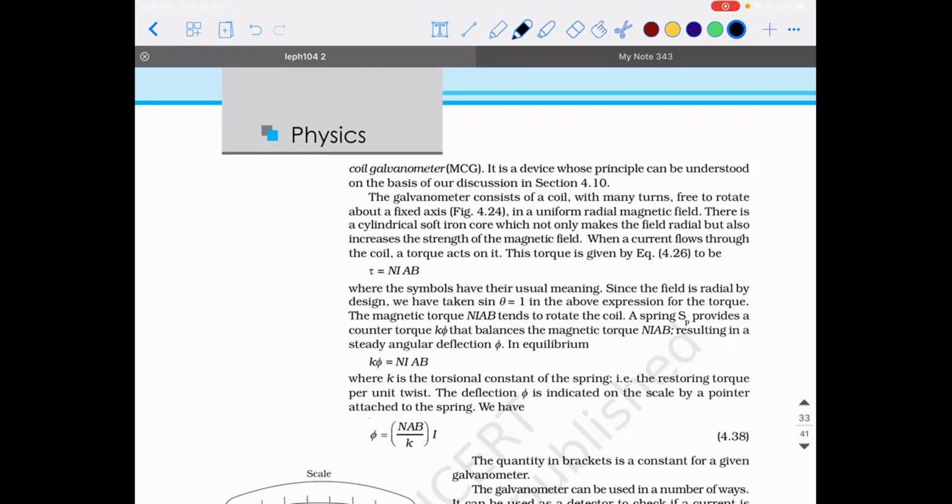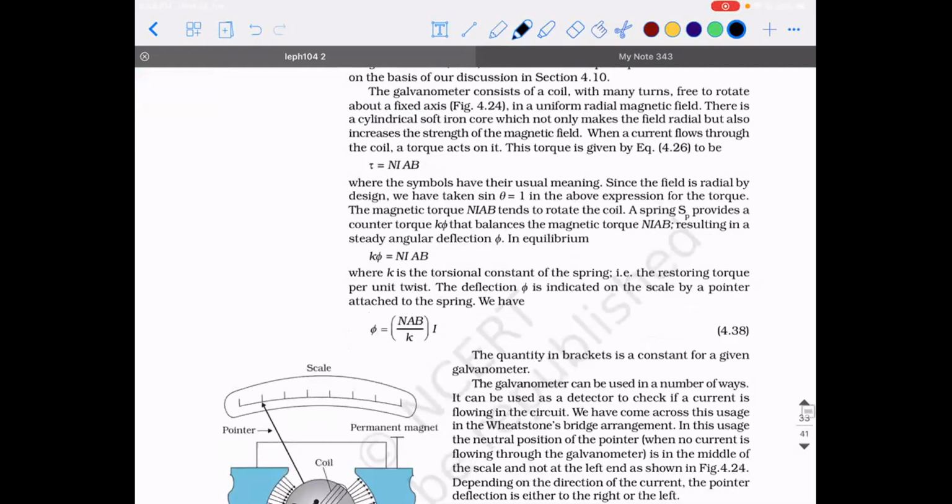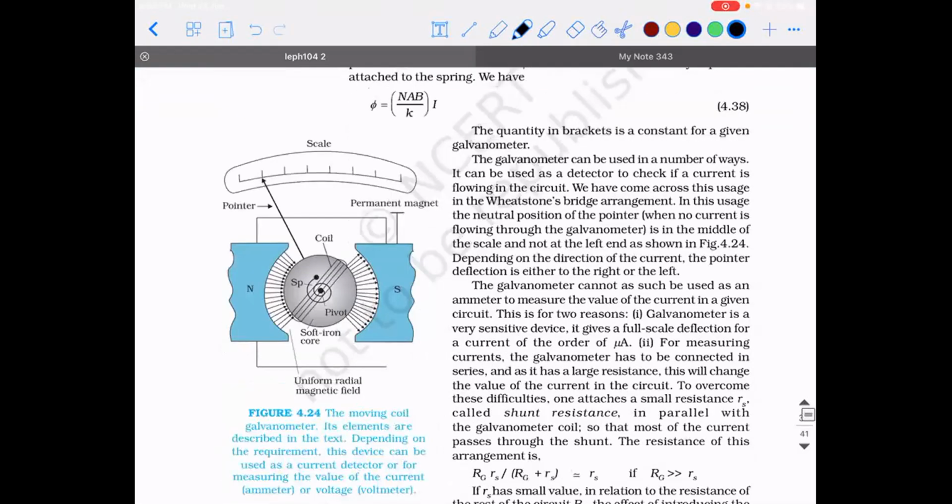So that is the principle on which it works. If it has to experience torque, obviously what are all the things that we need? We need an external magnetic field in the first place, right? So for generating external magnetic field, you have two magnets which are in the shape of concave.